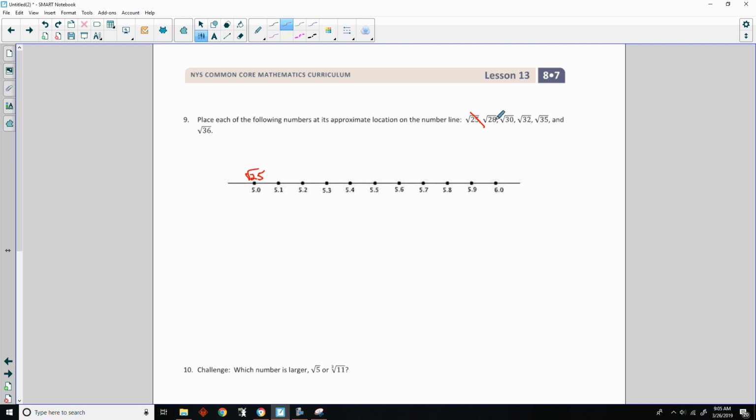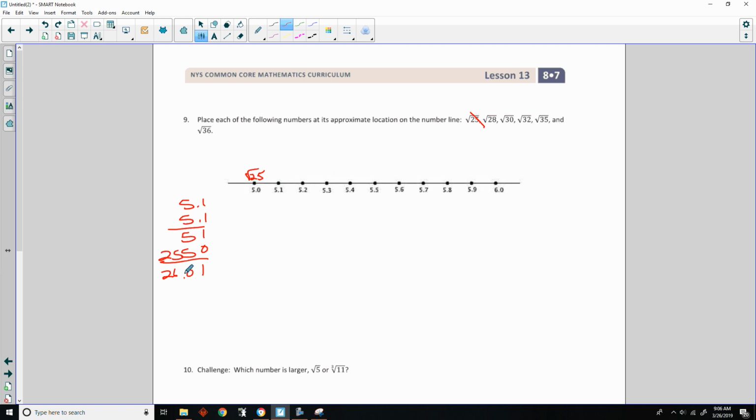So I'm going to take 5.1 times 5.1. So 5.1 squared is 26.01.